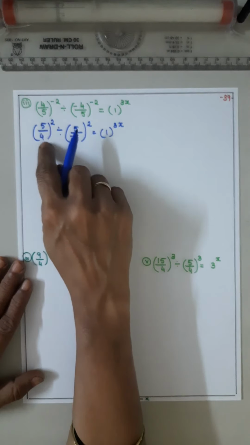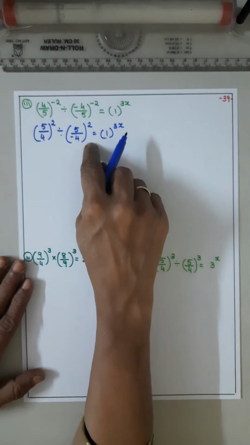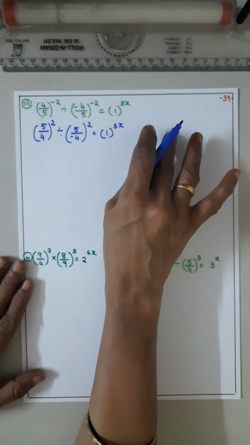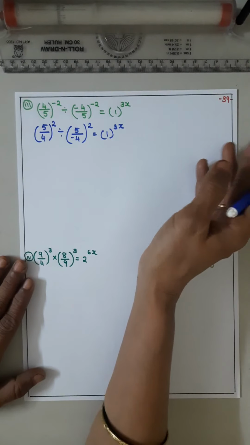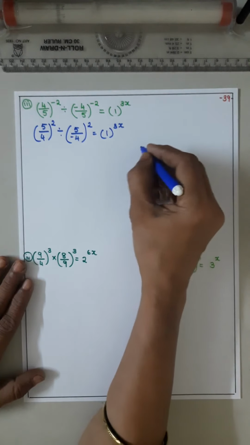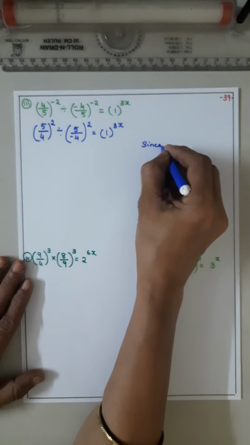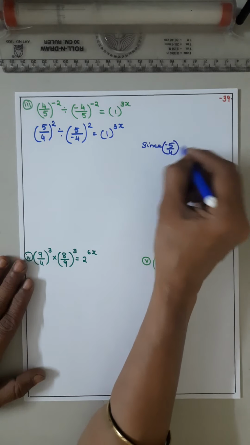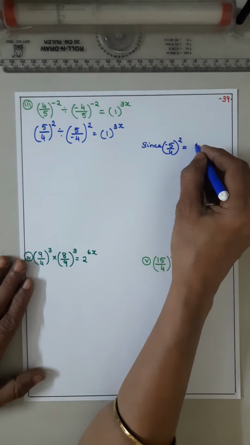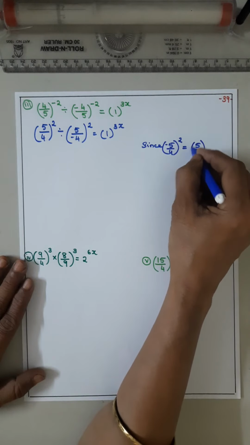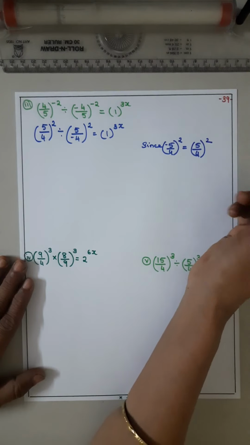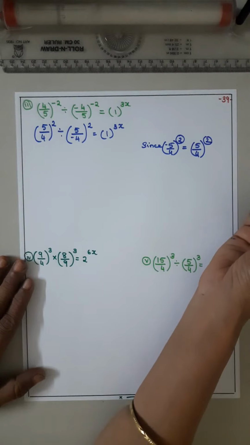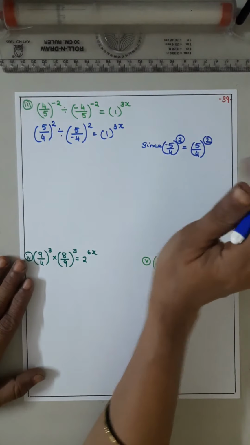See, whether it is positive or negative, with the even power, the value will be same only. So we can write, since minus 5 by 4 the whole square is also equal to 5 by 4 the whole square, because the power is even. So that is why it becomes positive only.